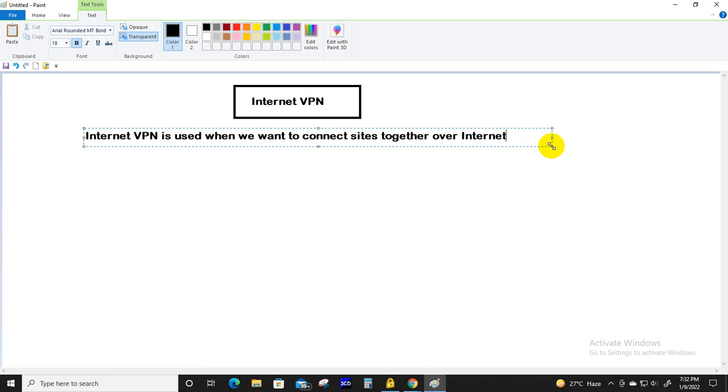We have two sites and we want to connect these two sites over internet. Then internet VPN is used.